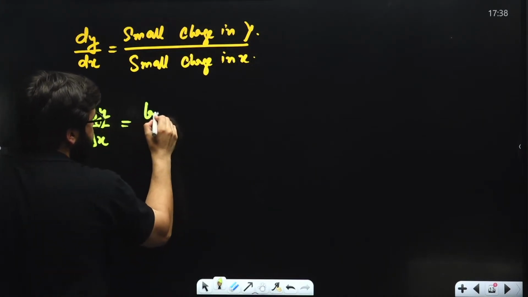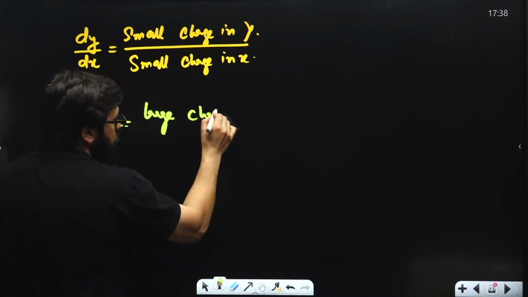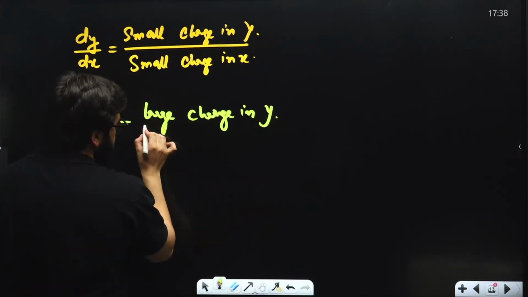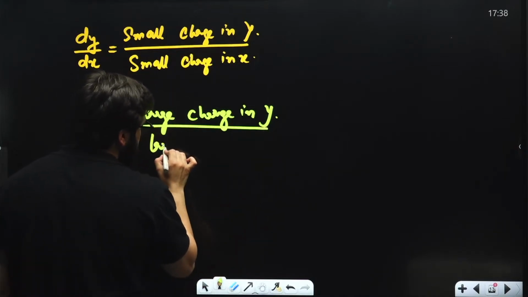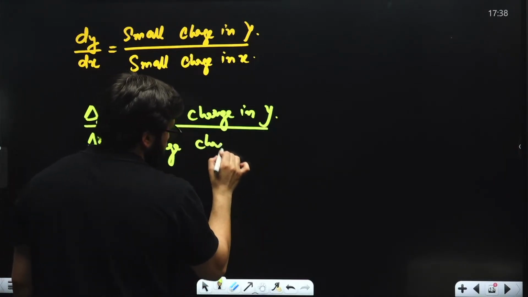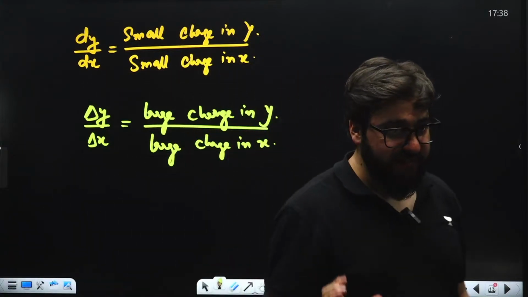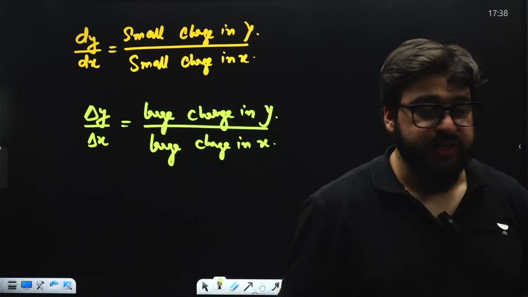This is large change in y divided by large change in x.